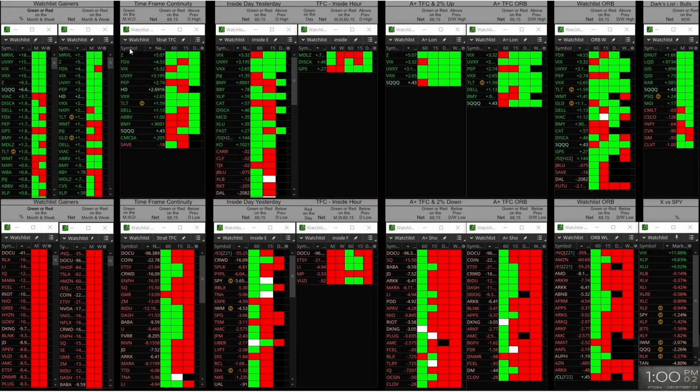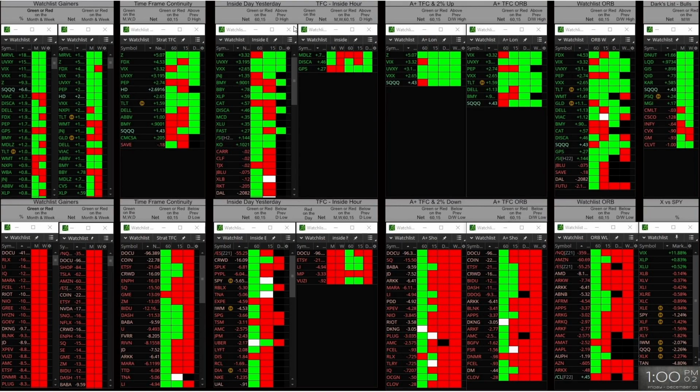But remember, just to show up on these lists, it has to be green on the month, week, and day to begin with. So we're starting out with some time frame continuity, and then we're just looking at some finer details here to kind of zoom in. And I'll show you examples in a second.